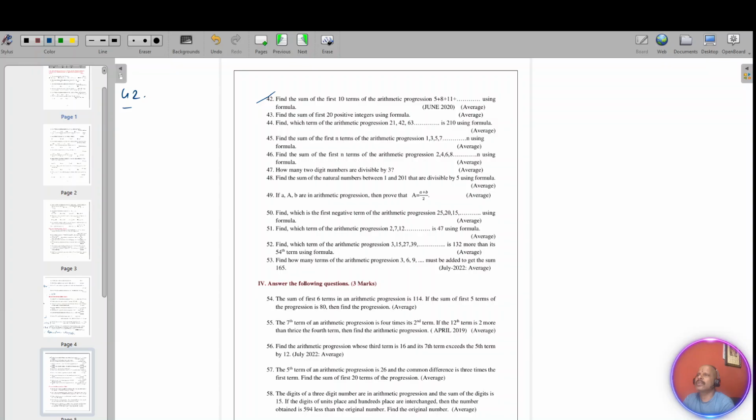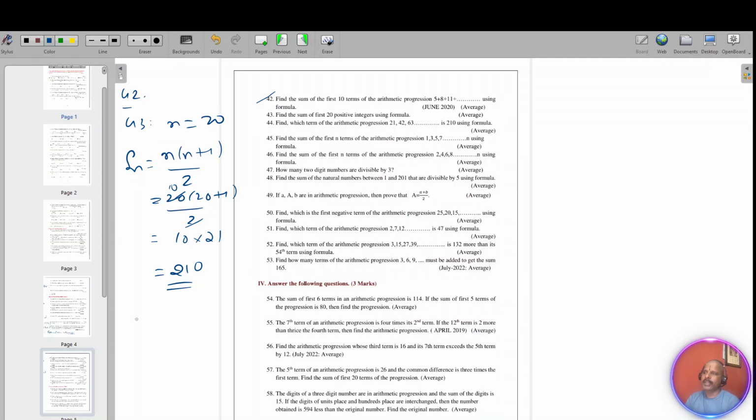When they say sum of first 20 positive integers, remember, there is a formula: sum of first n natural numbers, that is Sn is equal to n of n plus 1 by 2. So 20 into 21 by 2, 2 10s are 20, 10 into 21 is 210.